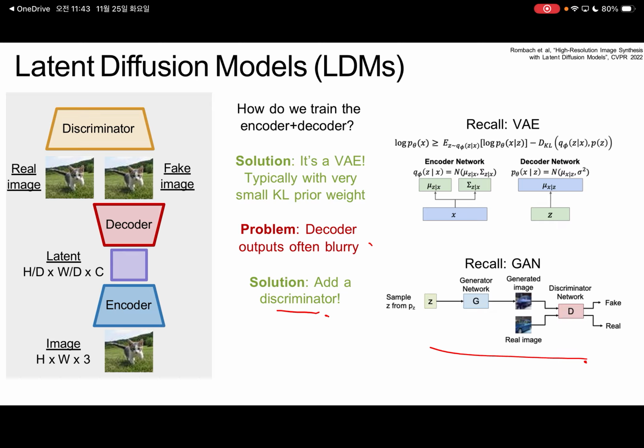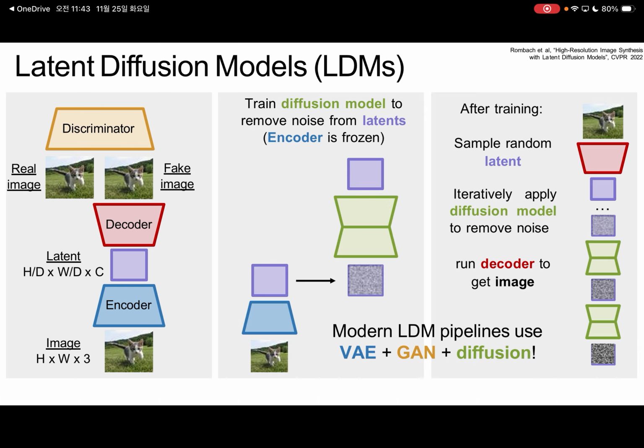When training VAE, a typical VAE is trained only with encoder and decoder with reconstruction and KL divergence loss, but the decoder's output is blurry, so to get sharp images from the decoder, we add a discriminator when training VAE. So it's a combination of VAE and GAN. We have a discriminator here. So it uses the whole pipeline: VAE, GAN, diffusion, all those things.